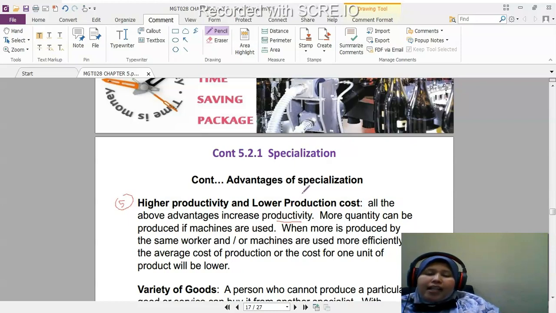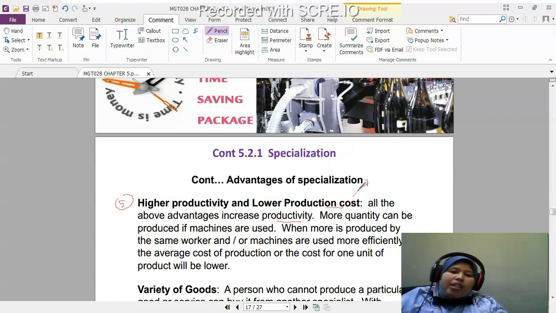Banyak produk yang dapat dihasilkan dalam masa yang singkat, efficient, okay. Cost pula, kalau kita tak ambil masa yang lama, machine kita tak ada problem, machine kita terus buat kerja, all the above advantages increase the productivity.